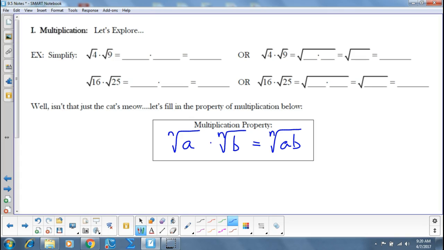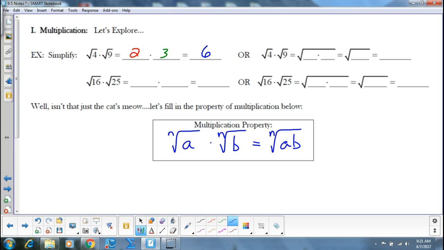Back when we were multiplying fractions, back in 4th grade, you learned that you could simplify first and then multiply, or you could multiply first and then simplify. Okay? Same thing with radicals. You can simplify first, so the square root of 4 times the square root of 9 is 2 times 3, which is 6.